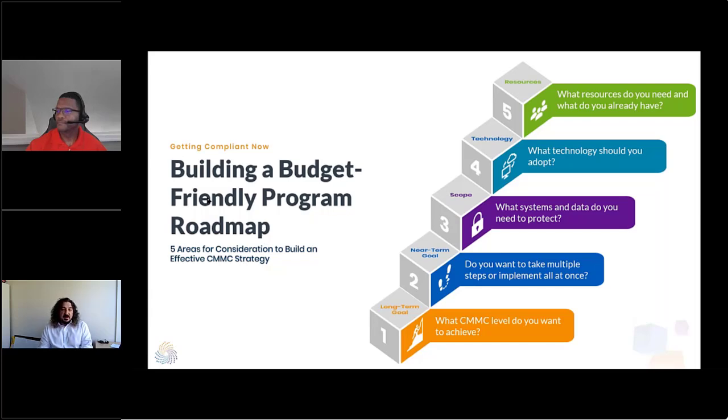Understanding the systems and data that you need to protect, so understanding the scope. And this really is a big budget impact, because for plenty of organizations, it doesn't have to be everything and everyone all the time, right? It can be certain manufacturing lines, it can be certain contracts, it can be certain segments of my workforce, it can be certain offices. It doesn't have to be everybody all at once.